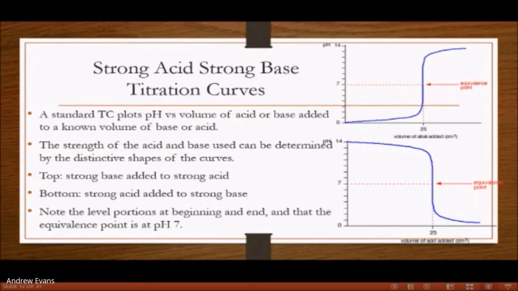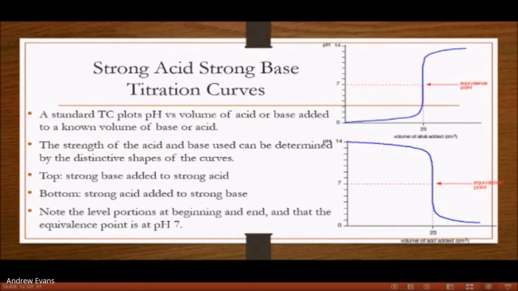Now, what we see here on the top one is a very, very low pH. As we add the base, the pH changes a little, but not very much. It goes from essentially 0 to maybe pH 1.5, maybe 2. And then we see a very sharp increase.